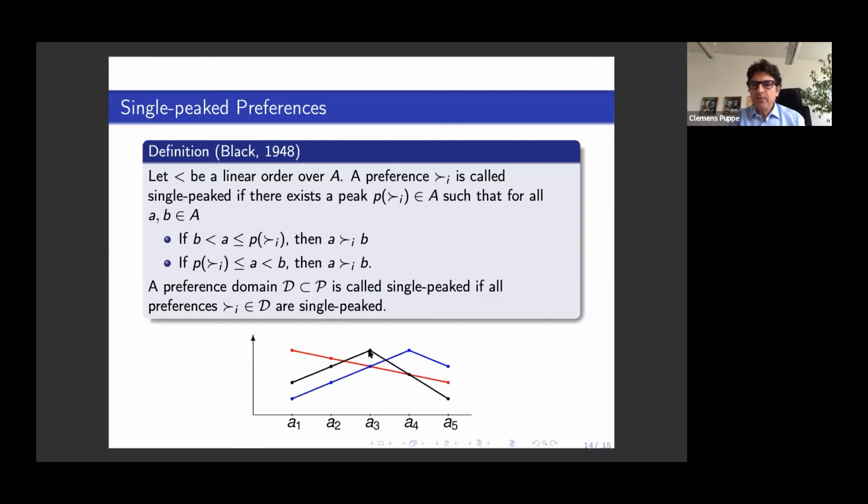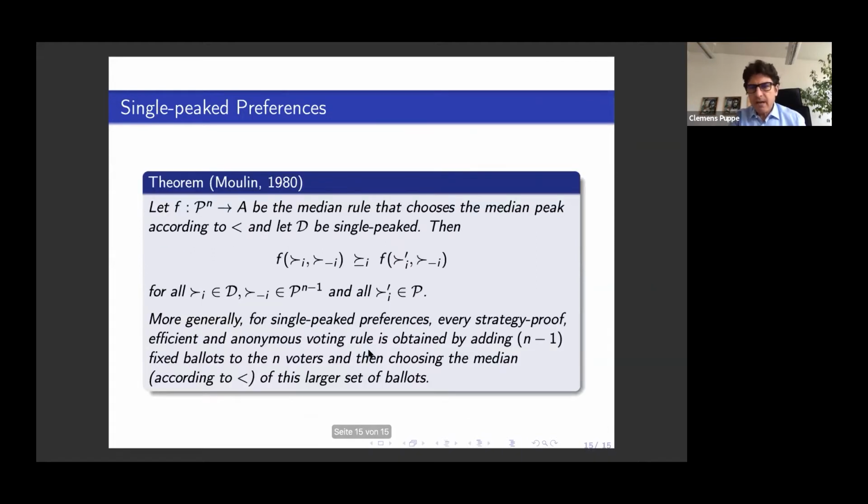Now, there is a beautiful result by Moulin, a famous result, that says that the median rule is not the only rule that is strategy proof. Remember, strategy proofness means that no voter has an incentive to misrepresent the preferences, right?